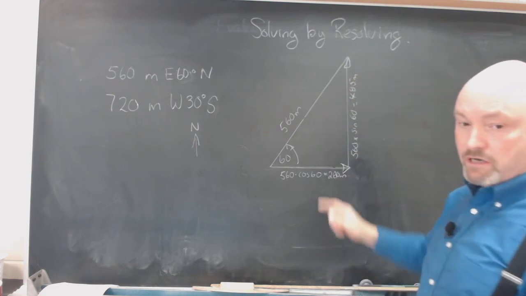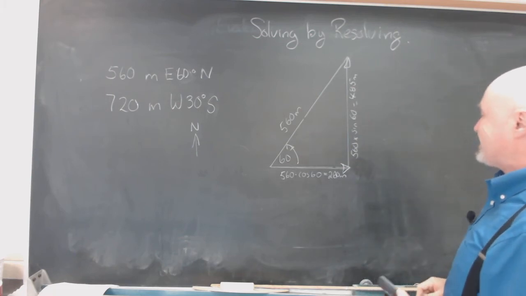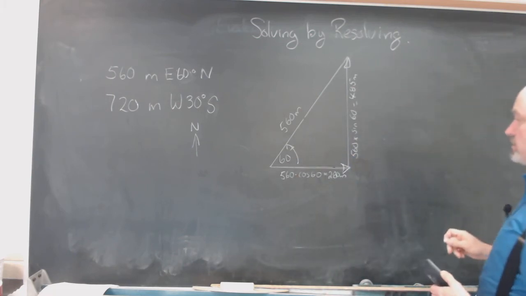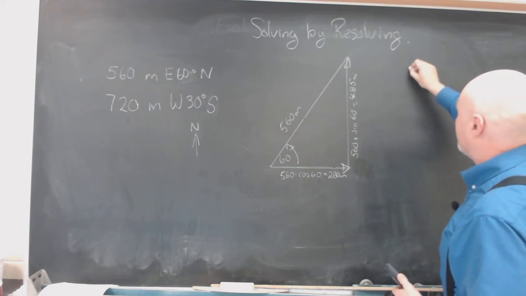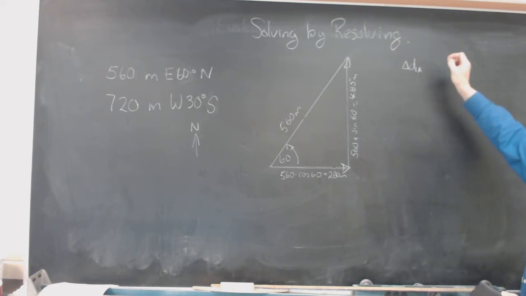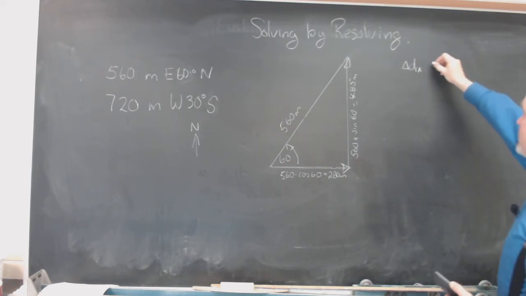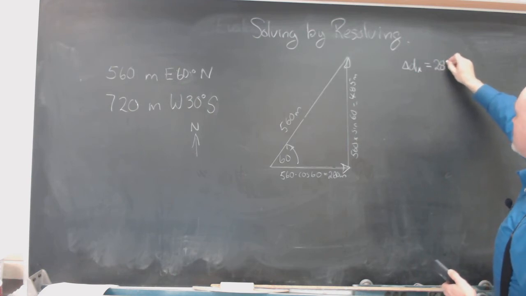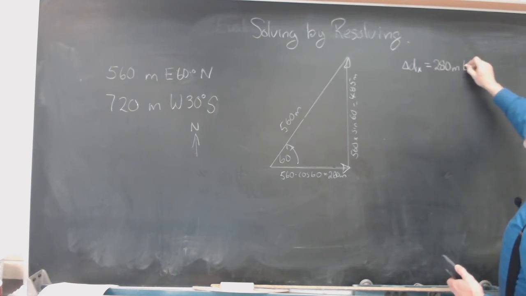All right, we've resolved this 560 meters at east 60 degrees to the north into two components. And so we're going to call this displacement d1x, which is the easterly direction. And am I on the map here? Yes, I am. It's 280 meters east.